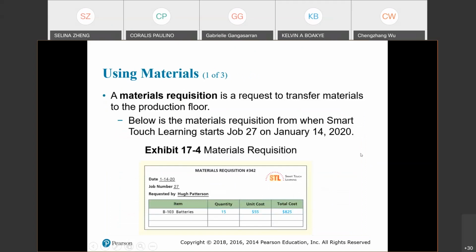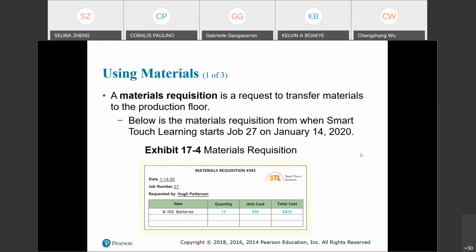Okay, next, let's see. What do we do when the materials are used? So let's assume on January 14, the production team of Job 27 requested materials for this job. And this slide shows the materials requisition for batteries.